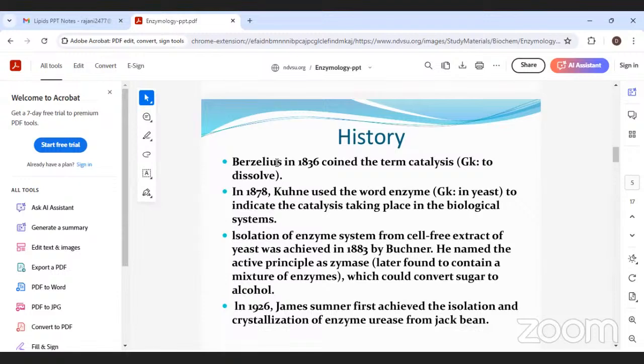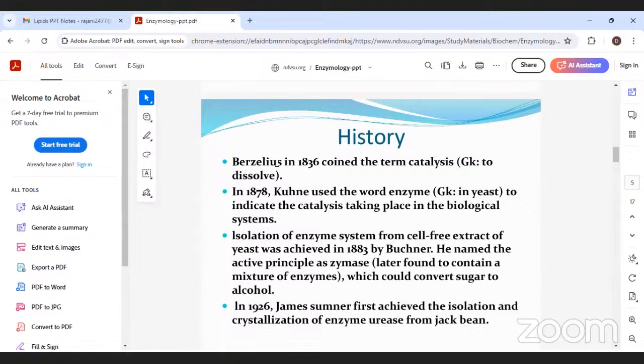Later, this was found to contain a mixture of enzymes which could convert sugars to alcohol.